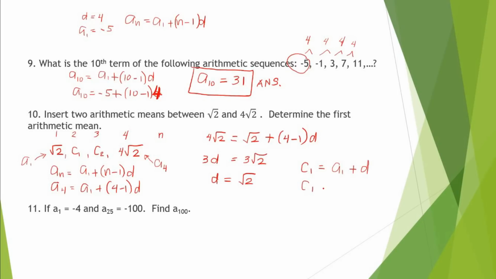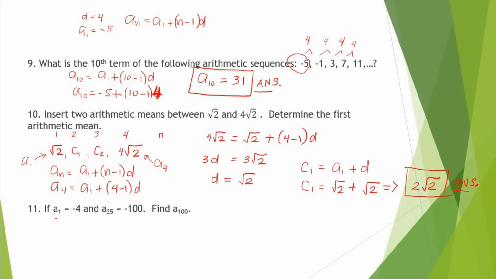Our C1 is simply equal to square root of 2 plus square root of 2. Therefore, our C1 is simply equal to 2 square root of 2. So this is our first arithmetic mean that we can insert between 2 square root of 2 and 4 square root of 2. So this is our answer.